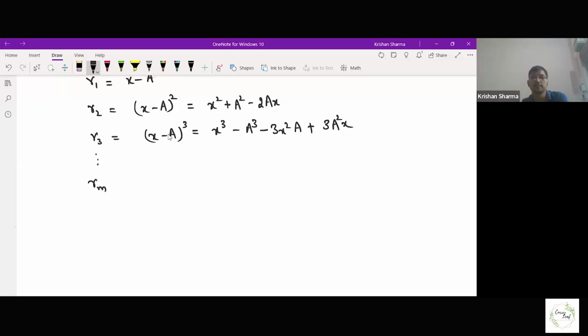Why do I want to stop at r raised to power n? The reason is x minus a raised to power n: the first term we will get is x power n, and then the second term will be nC1 x raised to power n minus 1 into minus a, and so on. Okay, the last term will be minus a raised to power n.